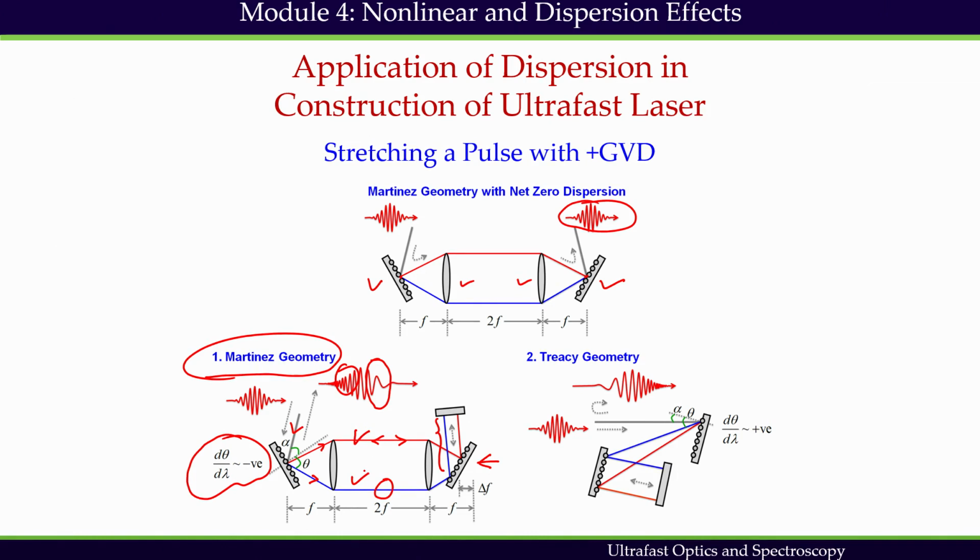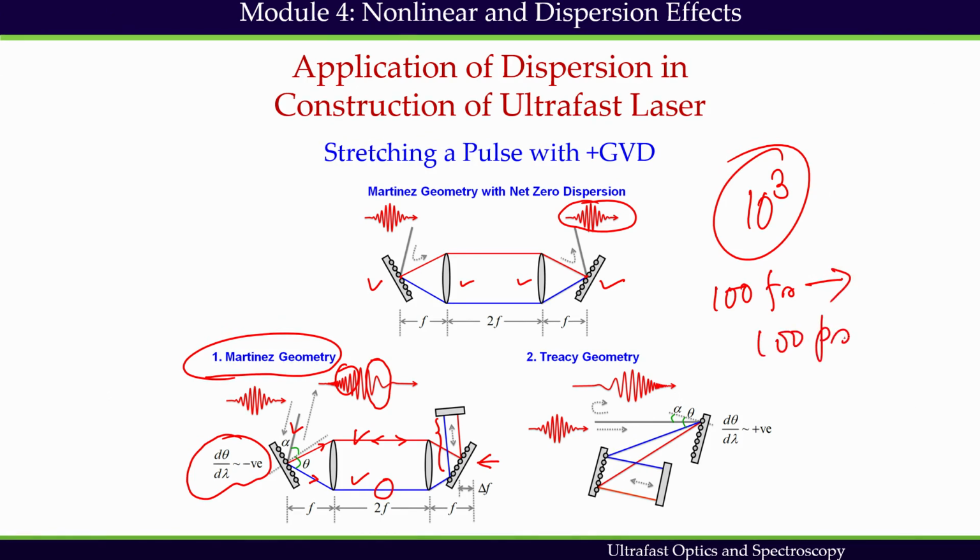So this is the way one can stretch a pulse. When we do the stretching with this kind of grating configuration, one can achieve a factor of 10 to the power 3 of stretching in the pulse, which means that a 100 femtosecond pulse can be stretched to a 100 picosecond pulse with the help of this kind of configuration.